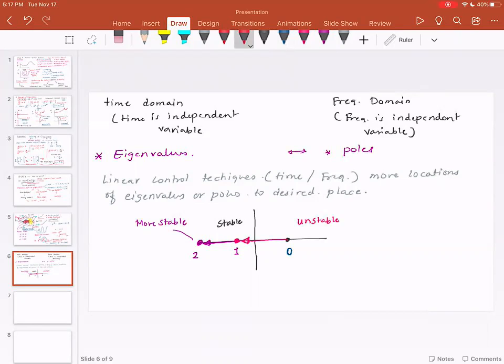As soon as it crossed this vertical line, this is the real part of the eigenvalue, this is the imaginary part of the eigenvalue, the system became stable. So it tells me how far the system eigenvalues are from the imaginary axis. That tells me how stable the system is. So this distance is nothing but the stability margin.